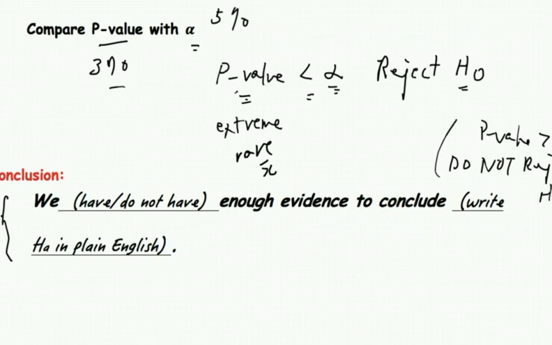But we don't have this situation here. Now notice that the word reject always goes with the null. We never say reject the HA. We always say reject the null. Okay, so let me erase that irrelevant part.